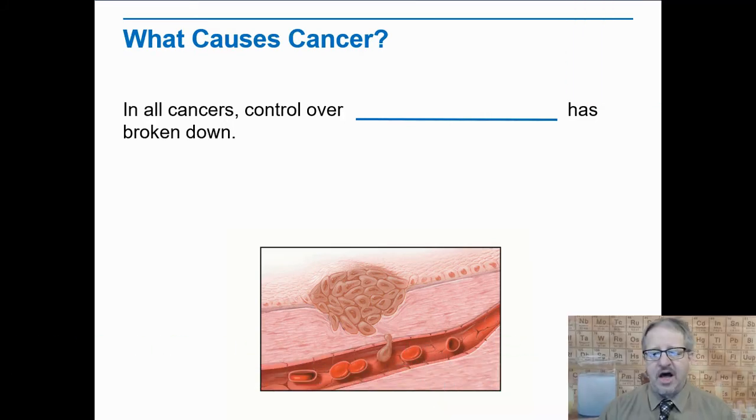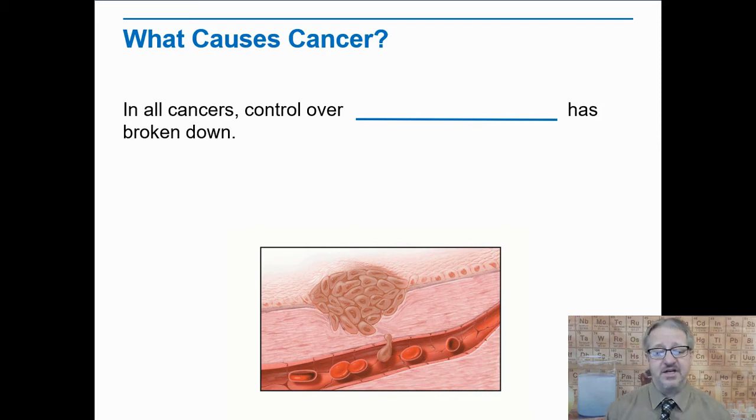Now, there are a lot of different triggers for cancer, but all of these ultimately disrupt the genes that regulate this normal cell growth and division. The result of the gene defects is that some cancer cells no longer respond to the external regulators, and others no longer produce internal regulators.